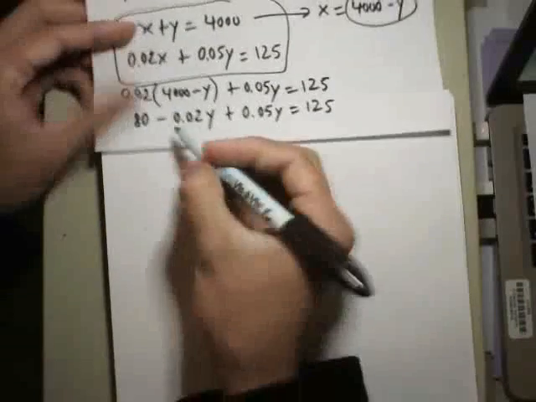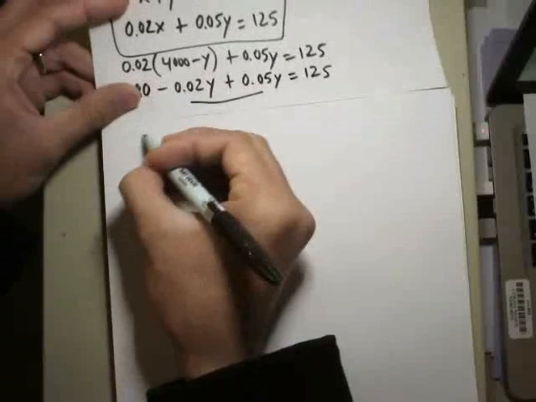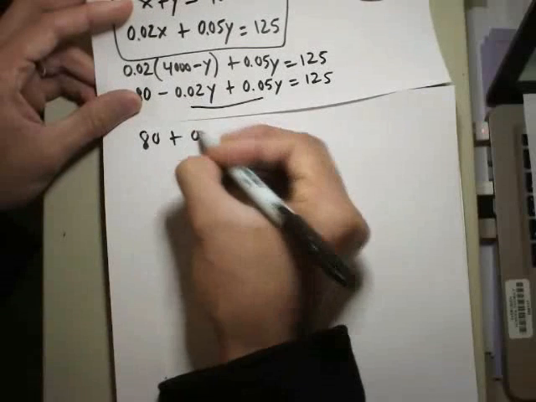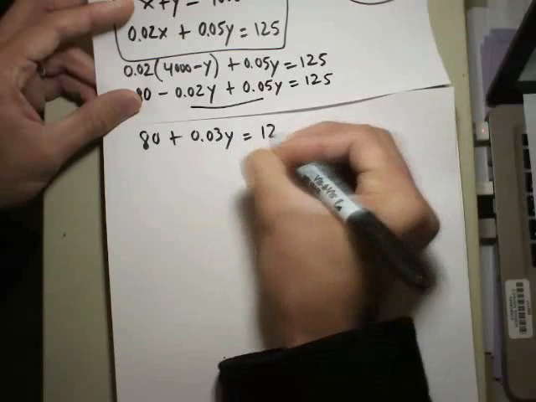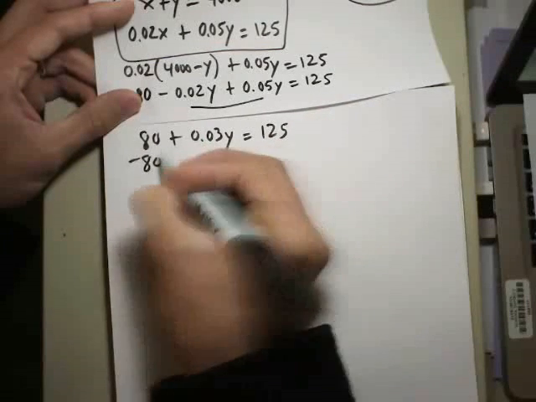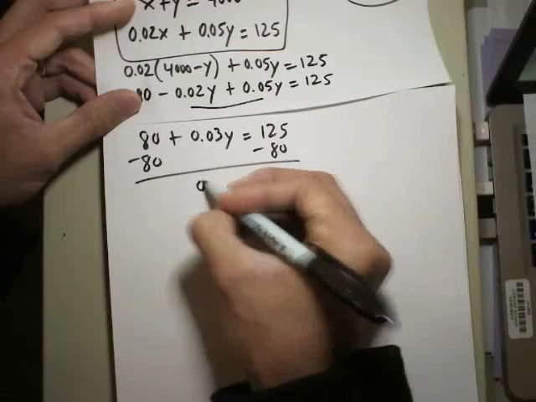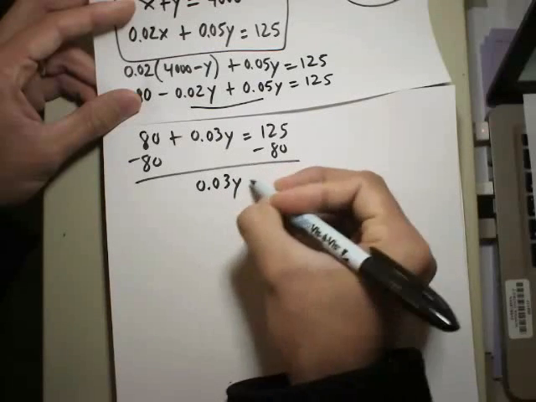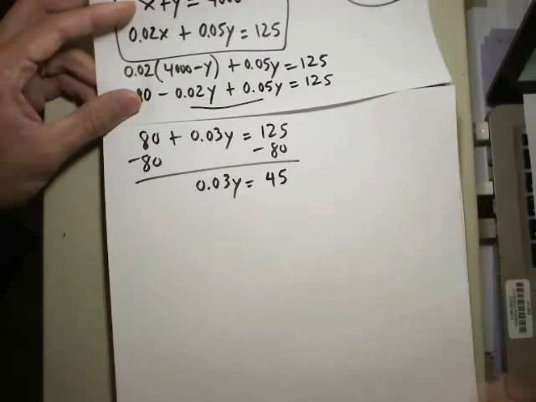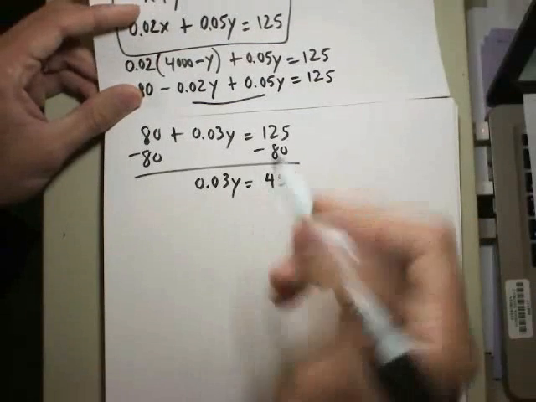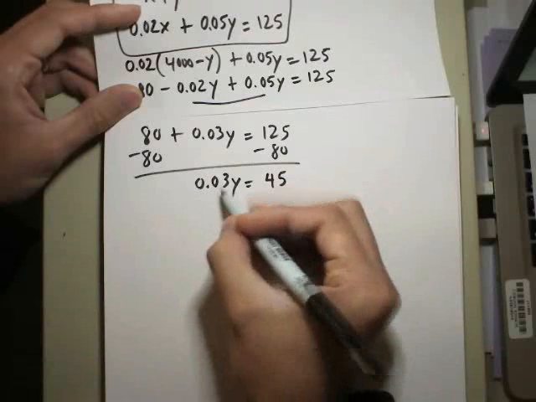And if you continue to solve this problem right here, I combine like terms, it's going to be 80 plus 0.03y equals 125. Minus 80 on both sides, you end up with 0.03y equals 45, right?